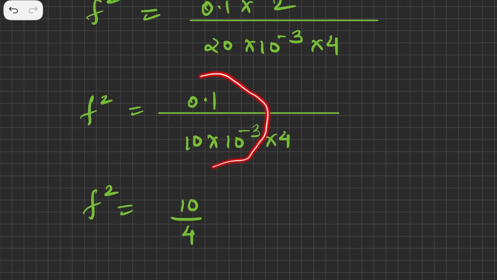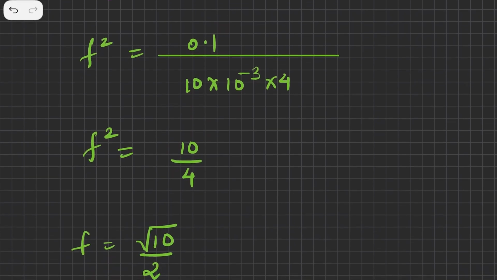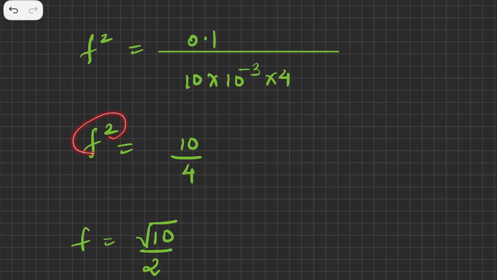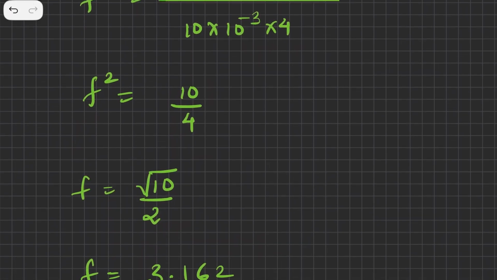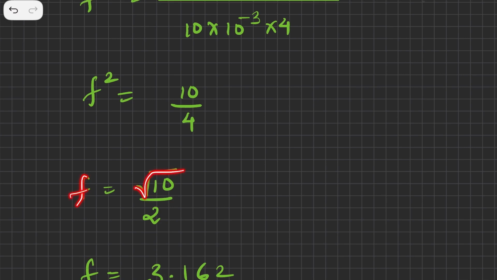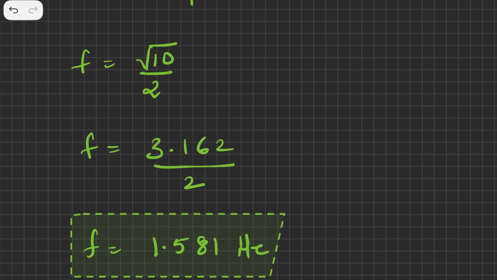So solving this entire thing will give me 10 upon 4. I don't need the square of frequency, I need the frequency. So frequency would be equal to root of 10 upon 2. Square root of 4 is 2, square root of 10 is root 10. Now if you remember the value of root 10 as 3.162, then your work is easy.